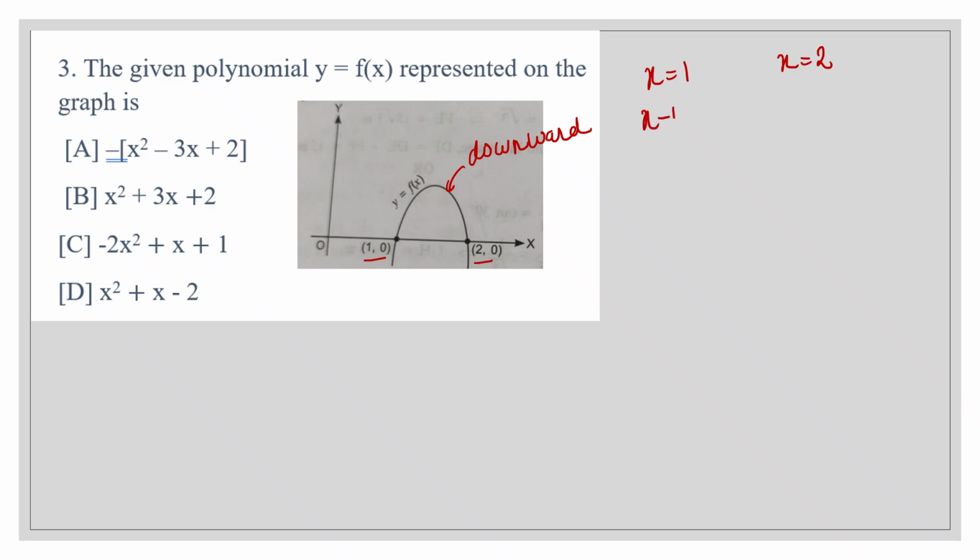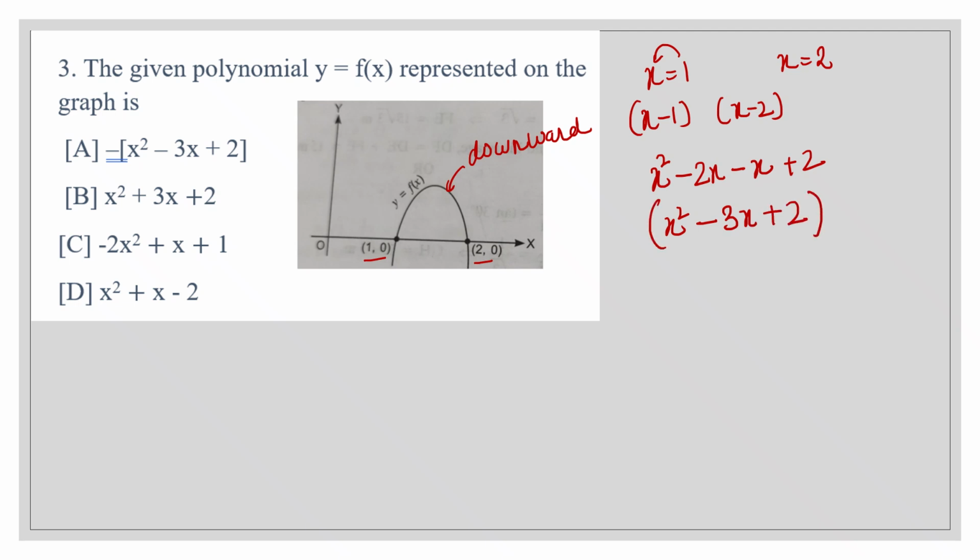We can write it as (x minus 1), sending 1 to the other side, and (x minus 2). Multiply it. This will give you x square minus 2x minus x plus 2, which is x square minus 3x plus 2. Since it is a downward parabola, we will use a negative sign.